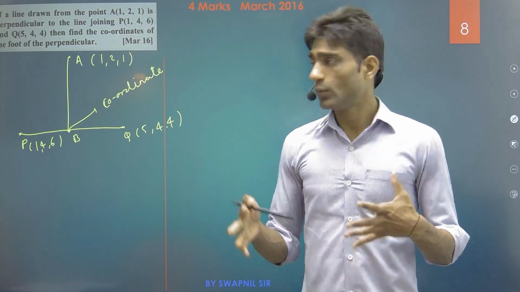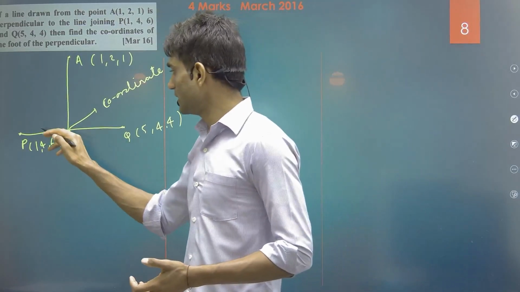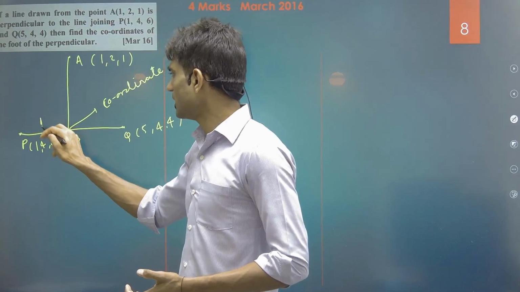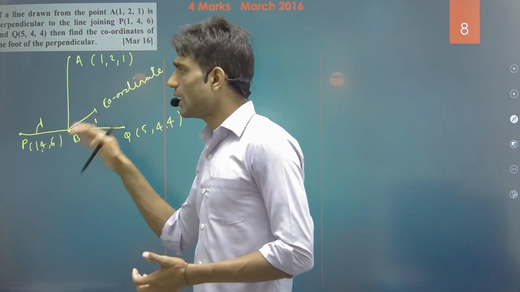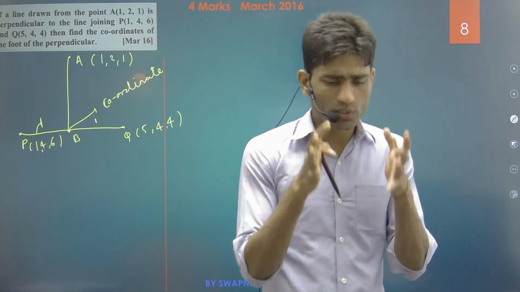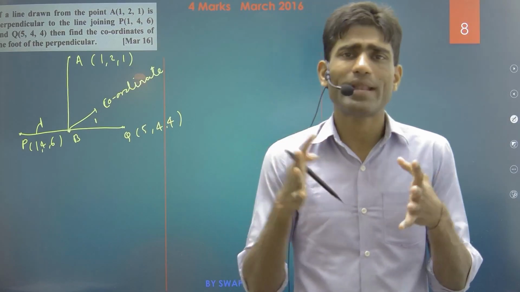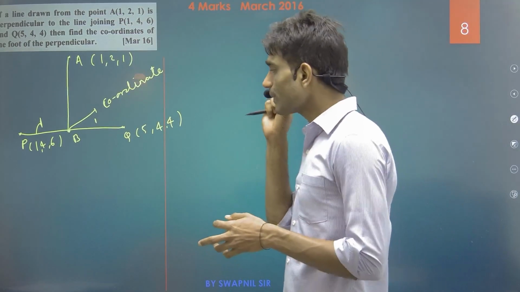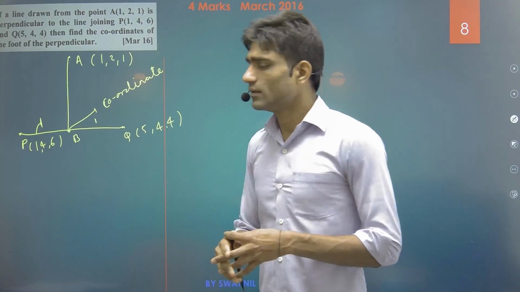Since we don't have the ratio, always consider the ratio as lambda to 1. Then you will understand the next procedure.